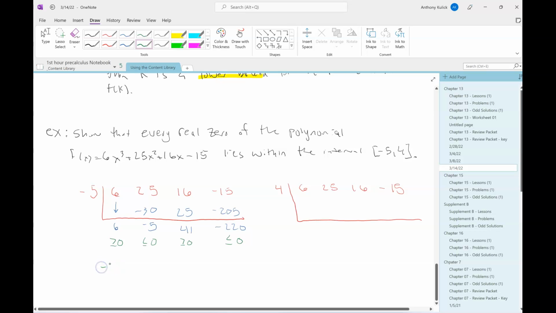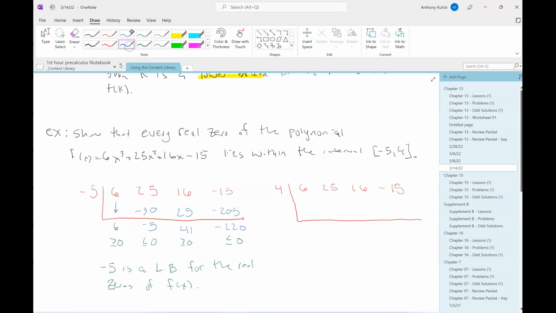So I know -5 is a lower bound for the real zeros of f of x. Is everybody okay with how I analyzed that?